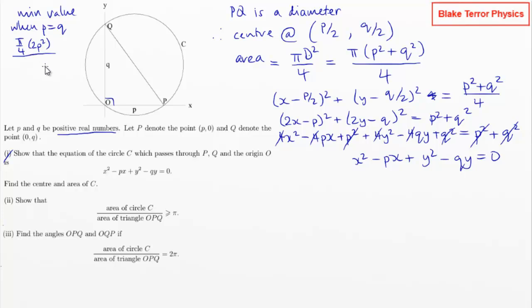And the area of the triangle is going to be half base times height, so that's going to be a half p squared, or half of that square. So that will cancel with that, and then we've got a half divided by a half, so that ends up being pi.